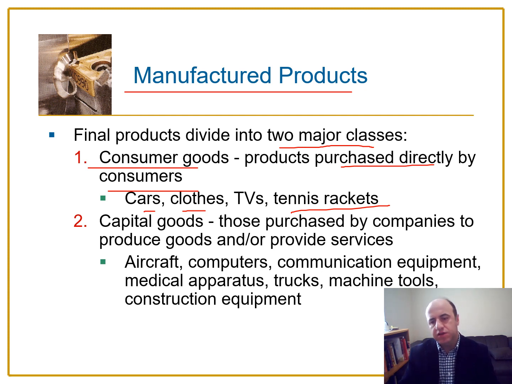The second is capital products, which are purchased by a company to produce other products or provide service. Examples are aircraft, trucks, and machine tools. These are products that are used to make another product.